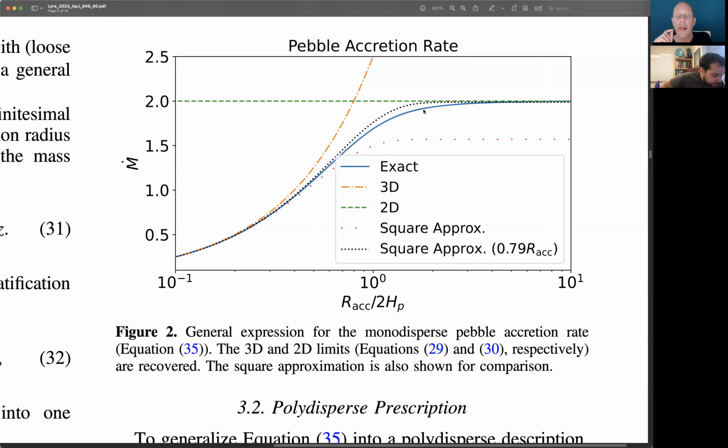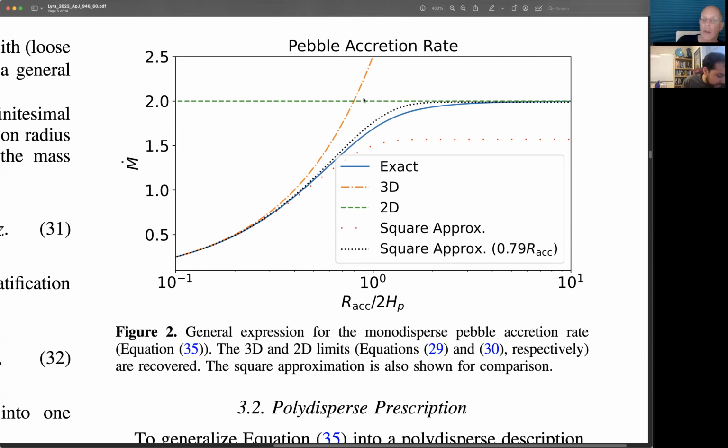If you see the articles by Lambrechts and Johansen back in 2012, that came up with the theory, they make the distinction between 3D and 2D accretion because these are limits that are physically relevant and it's also simpler to solve analytically. What this figure is showing is that in this paper we could solve for the exact mass accretion rate without making the assumption of these limits, the 3D limit and the 2D limit.